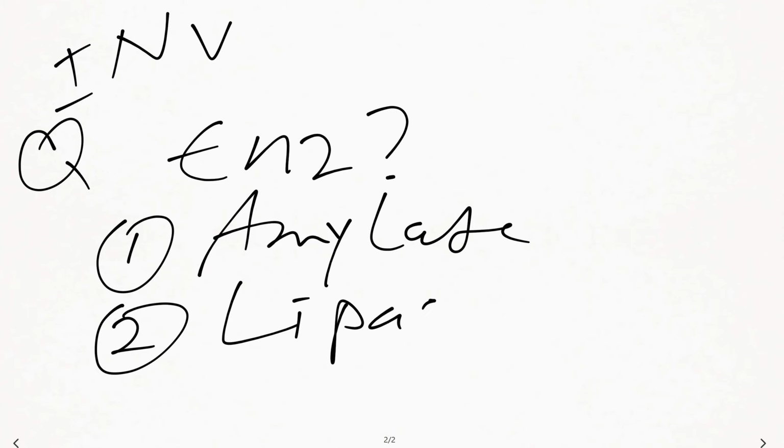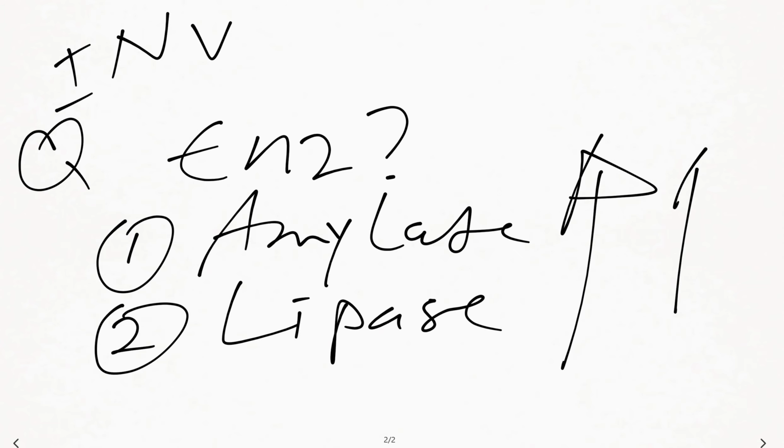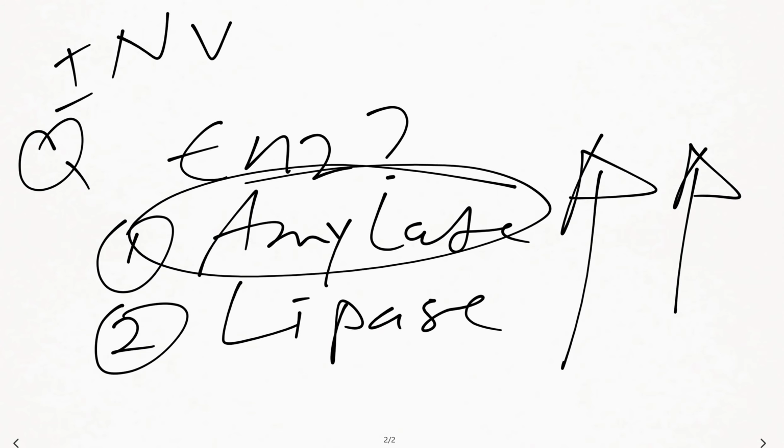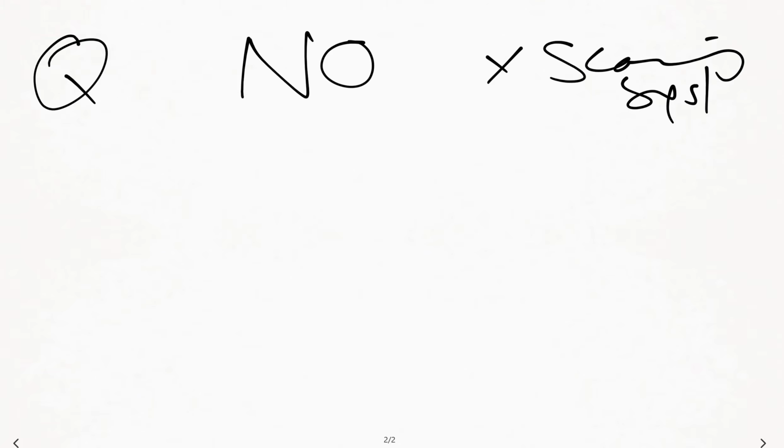Both of them go high, but the problem is that amylase is not accurate. He is going to ask you, is amylase important in scoring systems? It is not important in scoring systems. You will not find it in scoring systems. This is the first thing.